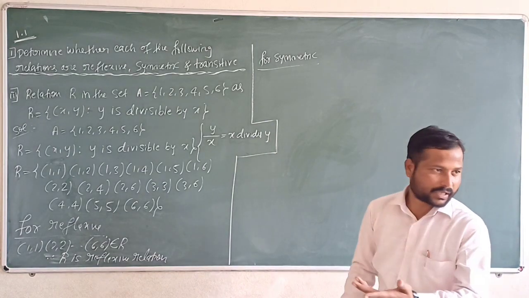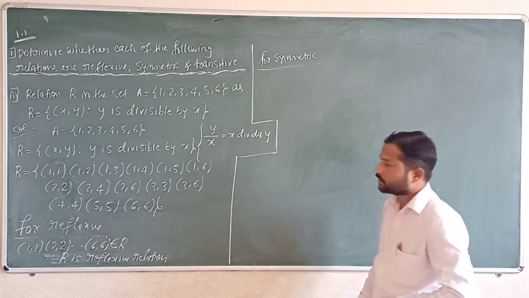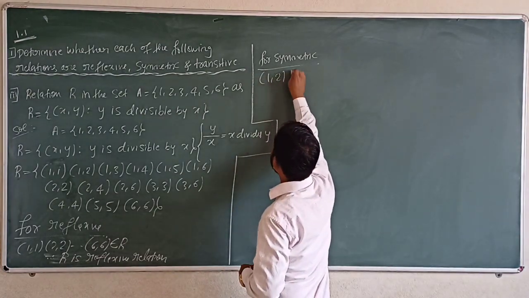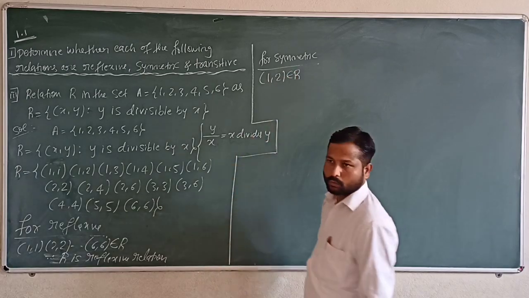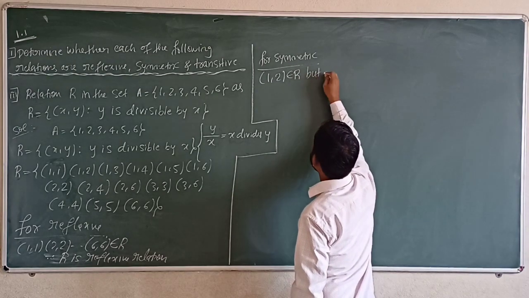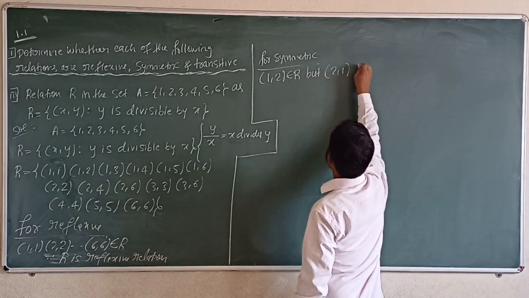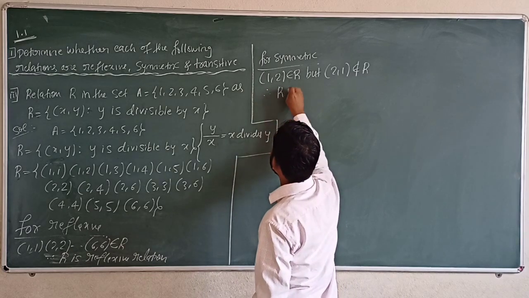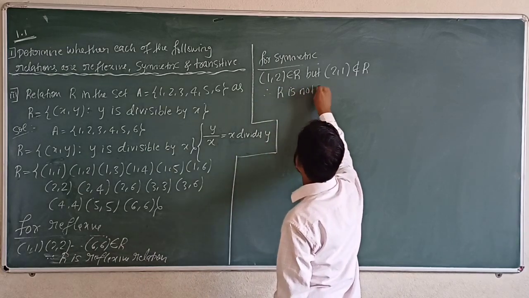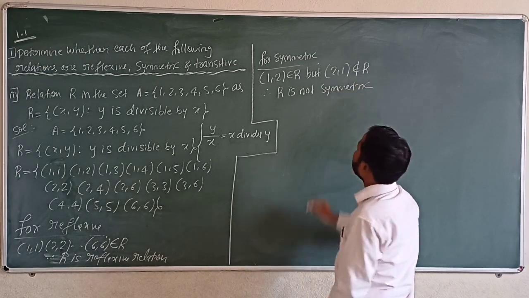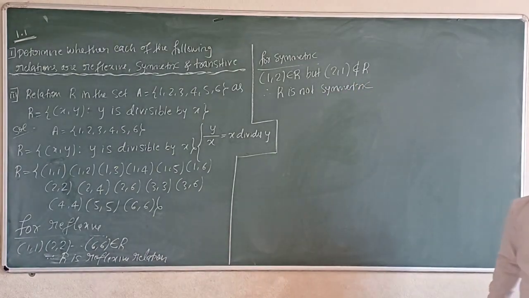Take this 1 comma 2 belongs to R, but 2 comma 1 does not belong to R. So therefore R is not symmetric here. R is not a symmetric relation, right?